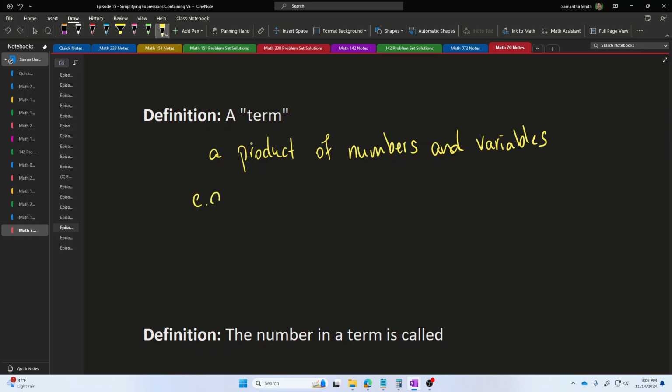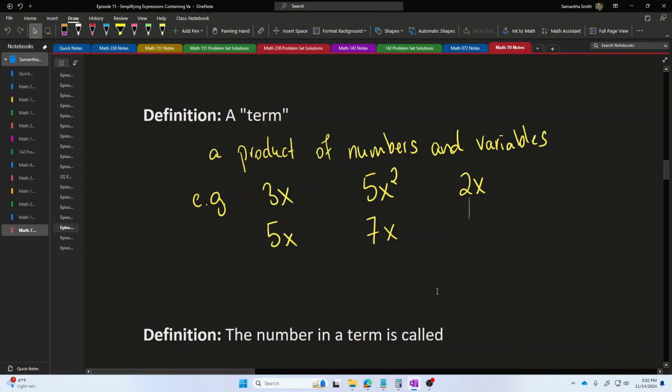So something like 3x would be a term, something like 5x would be a term, something like 5x squared would be a term, something like 7x would be a term, something like 2x would be a term, because all of these are products. 3 times x, 5 times x, 5 times x squared, and so on. All of these are products of numbers and variables.